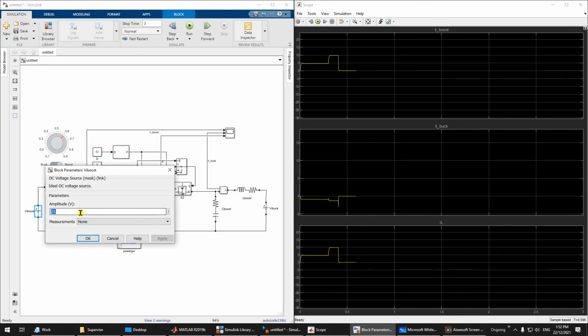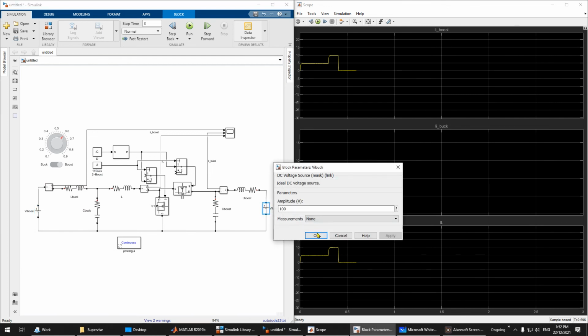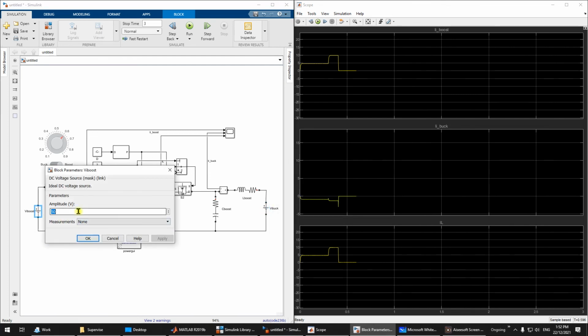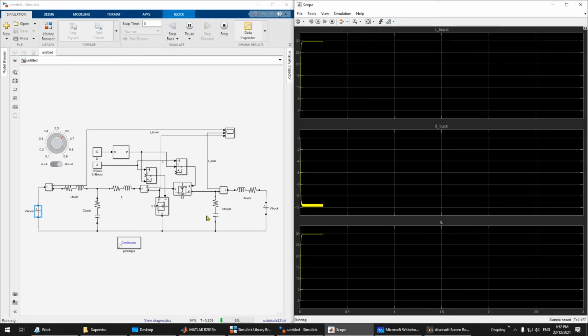Maybe I should change it to a higher value, 50. This is 100, or maybe this one is 75. So it should operate much better.